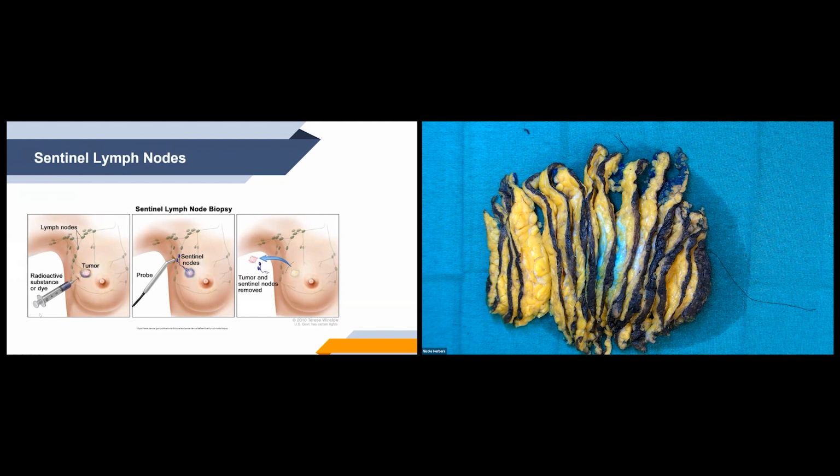So if the first sentinel nodes show that there is no tumor deposit there or metastatic cancer, then most likely the remaining sentinel nodes will also be negative because they drain sequentially. So if we had one that showed up positive, then most likely we would have other sentinel nodes that could also be positive.